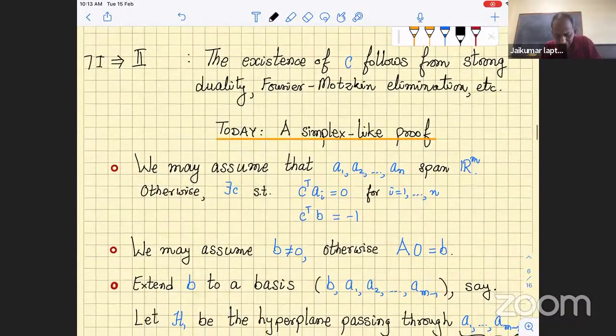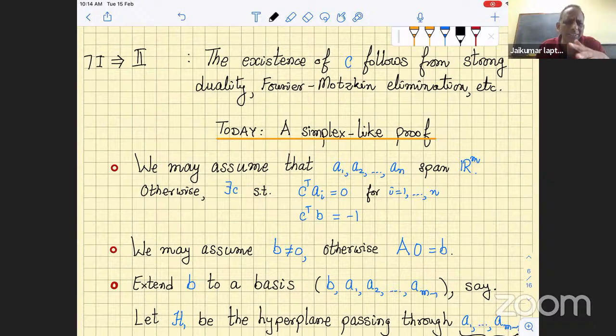There are many ways to establish the existence of this C. You can write this problem itself as a linear program, and from strong duality you can extract C. You need to work a little harder to ensure that the C you get corresponds to a hyperplane that rests on m-1 linearly independent vectors. And for some later purposes, that particular clause that the hyperplane rests on m-1 linearly independent vectors will be important for us.